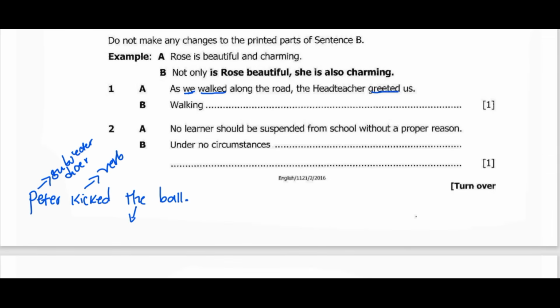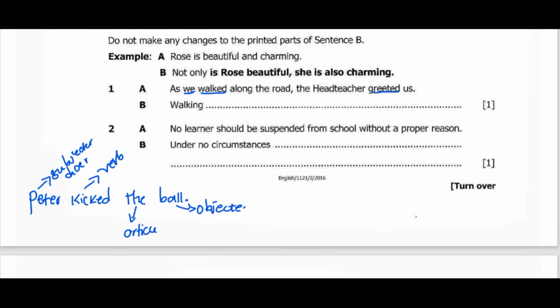Then we have the article, the. Then here we have the object. The object in a sentence is just the receiver of the action. This is a complete sentence. We have the subject, the verb, the article, and the object.